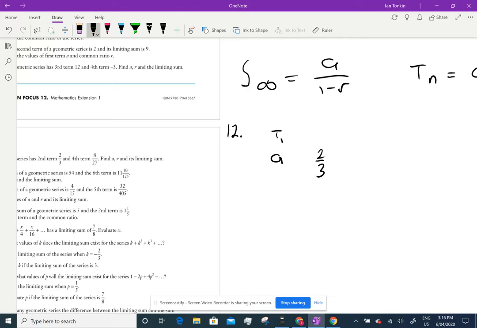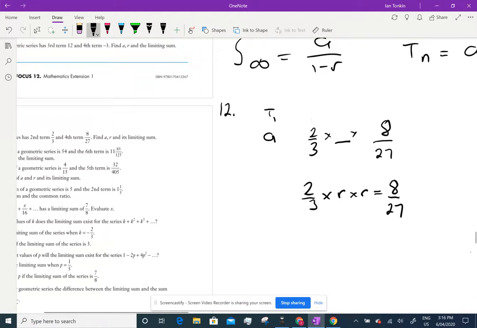Then there's a third term, and then there's a fourth term. So you've got to multiply by something and then multiply by the same something to get that. So you could go, 2/3 times r, because it's a common ratio, times r equals 8 on 27. That's how you get that term.